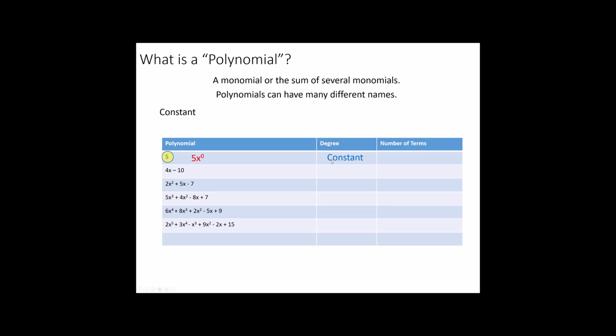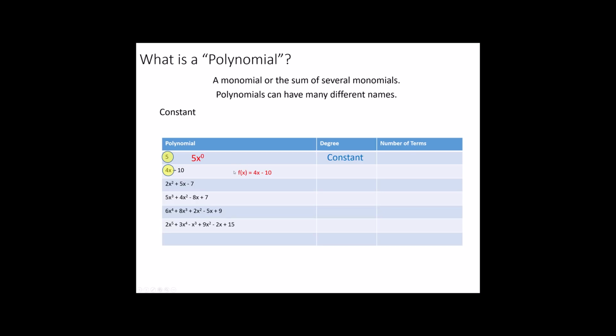It is constant. Take a look at this second one. The second one has two monomials. You've got this 4x at the beginning, and then since it's supposed to be the sum of several monomials, this would be plus negative 10 x to the 0 power. Two monomials strung together. This may look familiar to you because in our functions unit, we dealt a lot with things like f of x equals 4x minus 10.